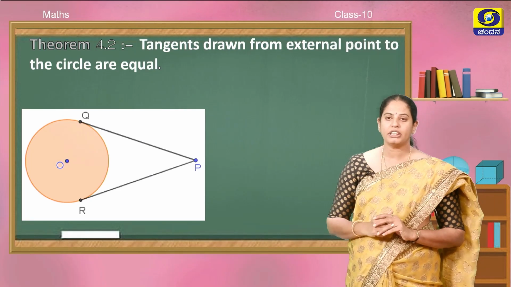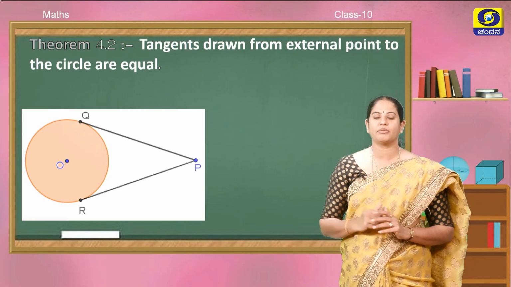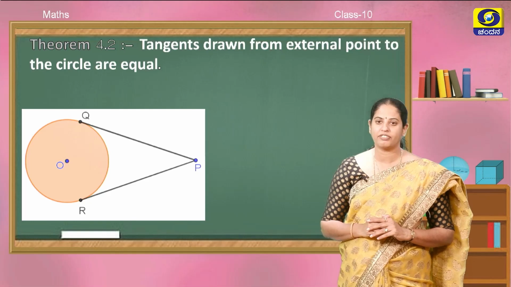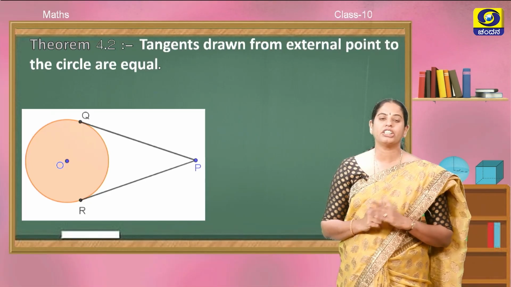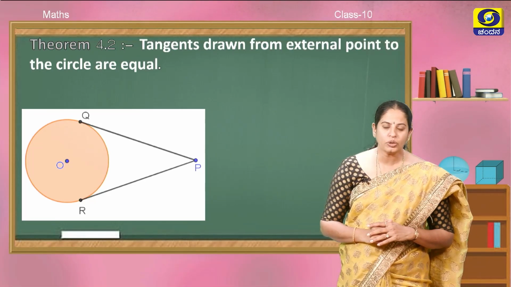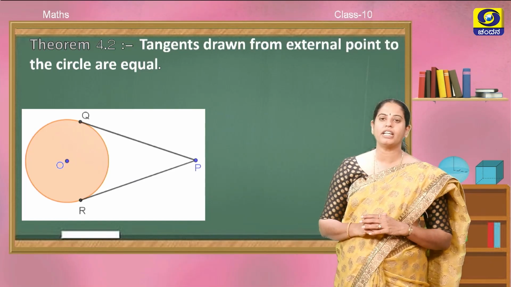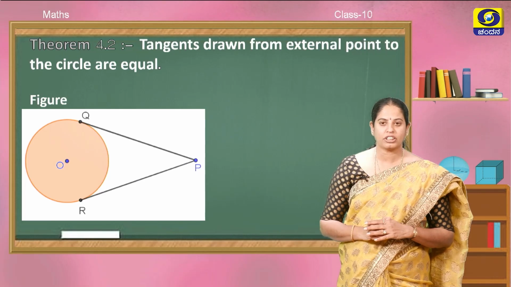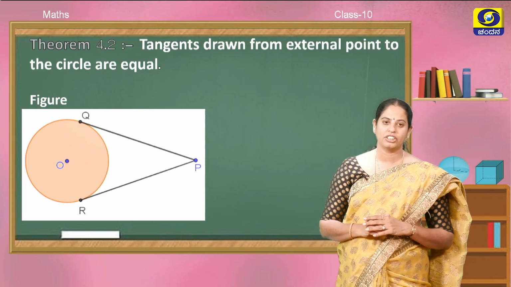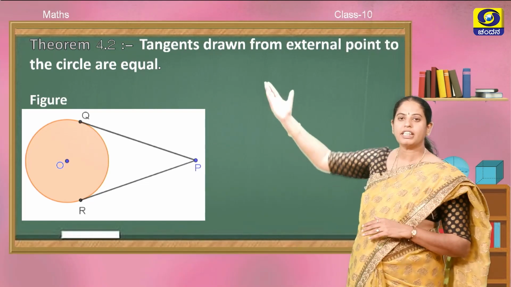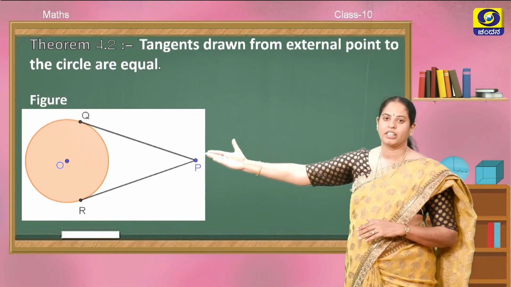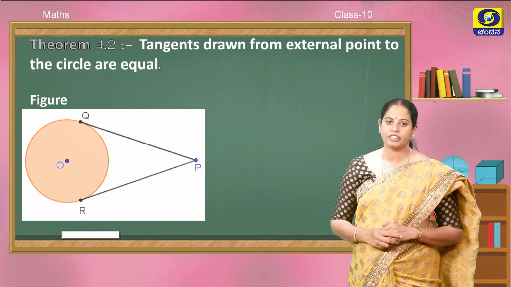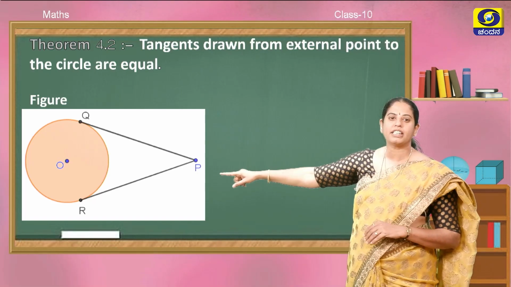In this chapter you have two important theorems, theorem 4.1 that we discussed in the second session, and theorem 4.2. This is also a very important theorem and you may expect it for 3 marks in the examination, children.